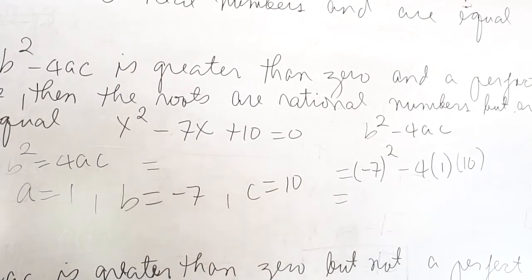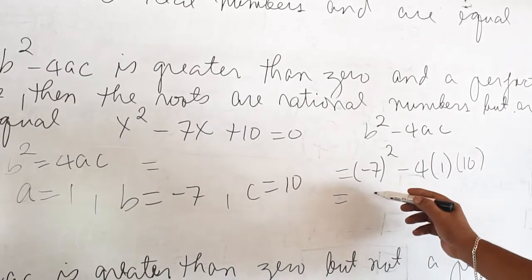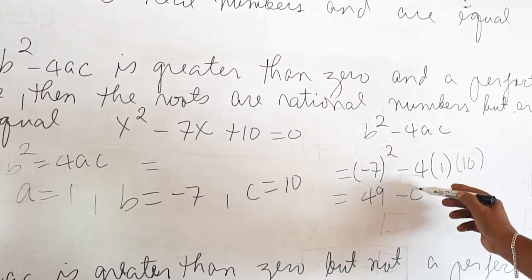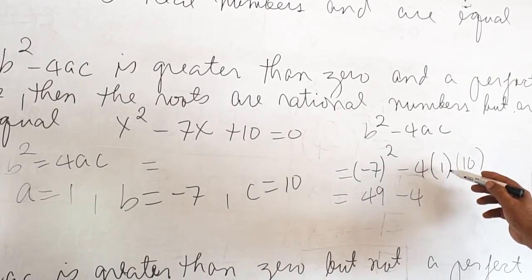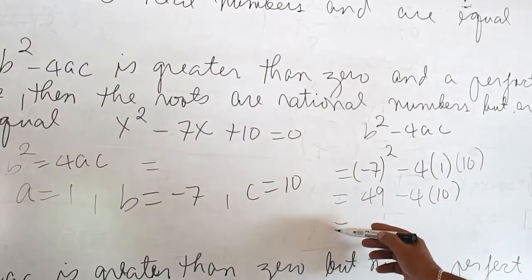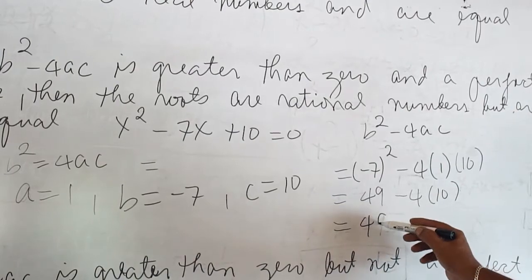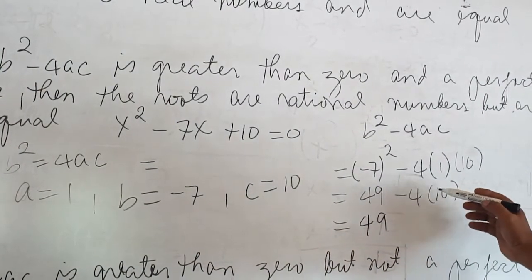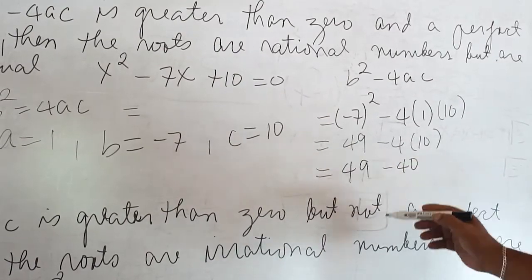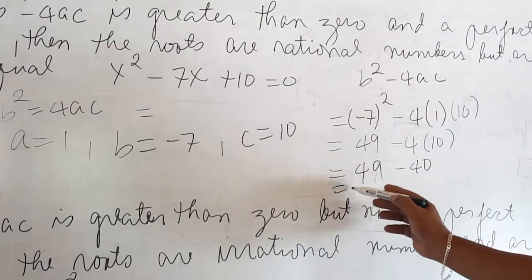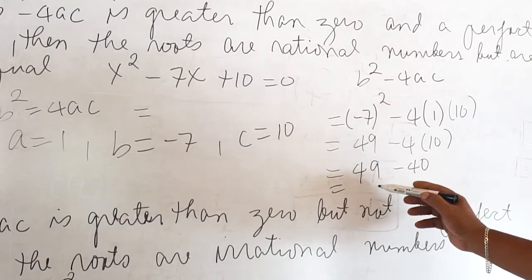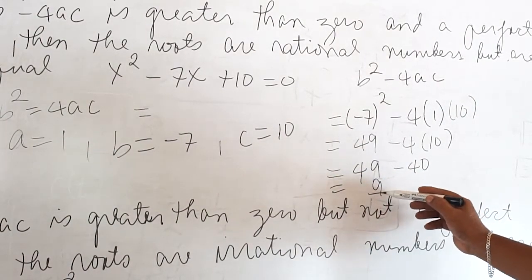The square of negative 7 is positive 49. Then 4 times 10 times 1 is 40. So 49 minus 40, the result is 9.